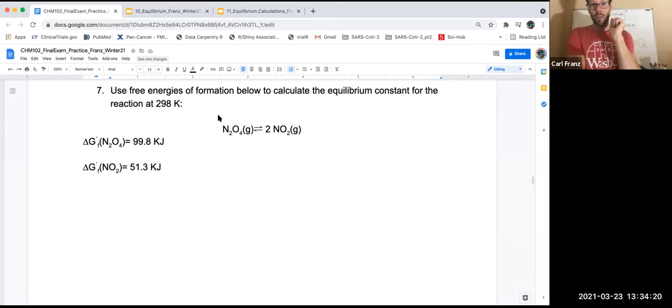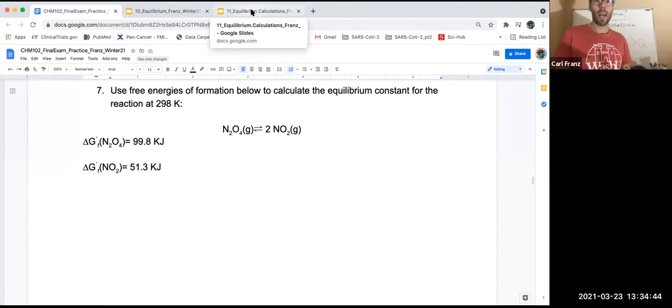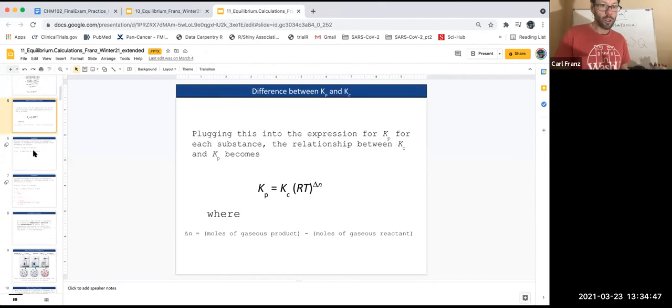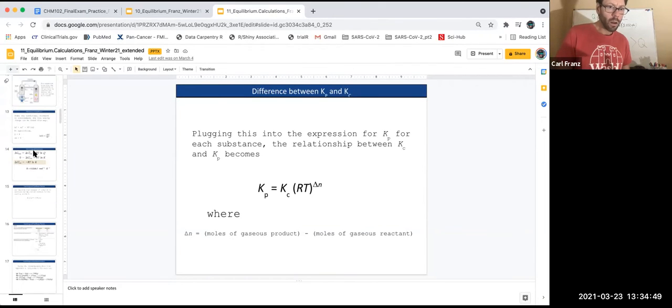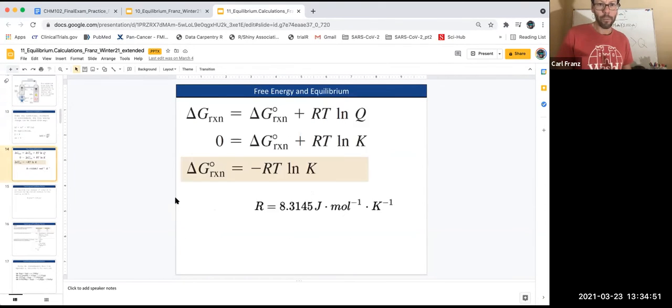This I know we covered. Free energies of formation to calculate equilibrium constant for a reaction at 298 K. All right, so what do we have here? We have the delta G values, or the free energy values. And then we also need to remember that relationship right here, right?